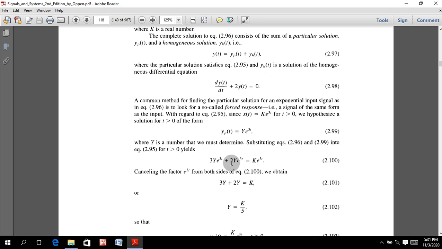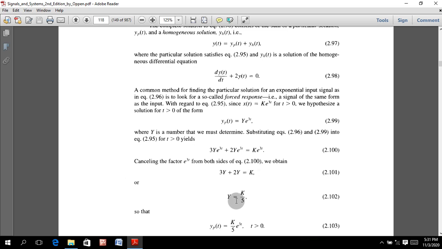Using that, we take e to the power 3t common and divide all the elements by e to the power 3t, and we find 3Y plus 2Y is equal to k. From that we find that Y is equal to k by 5.